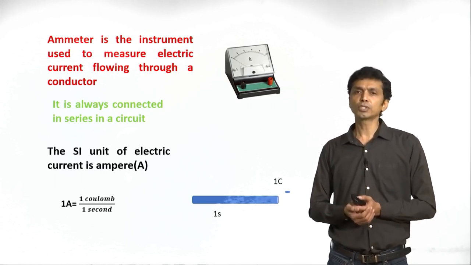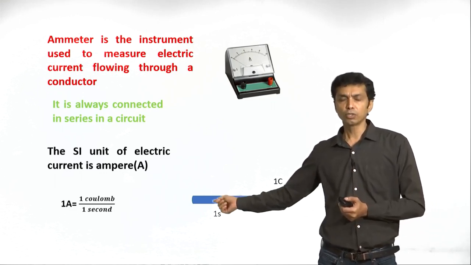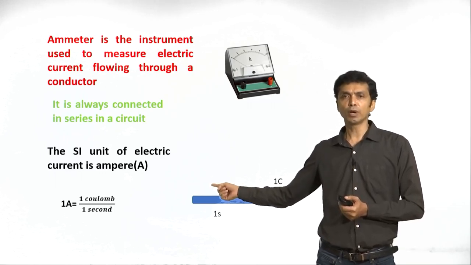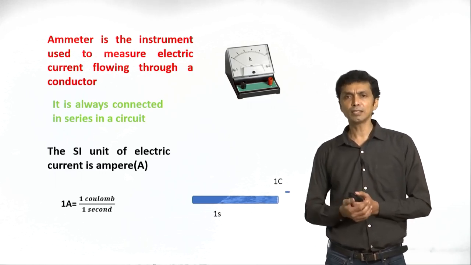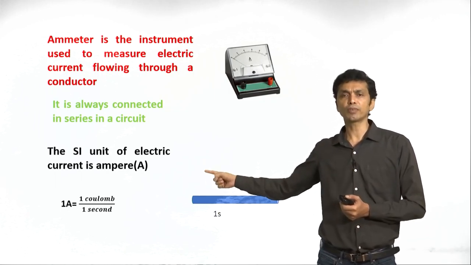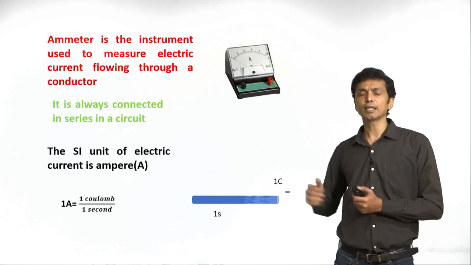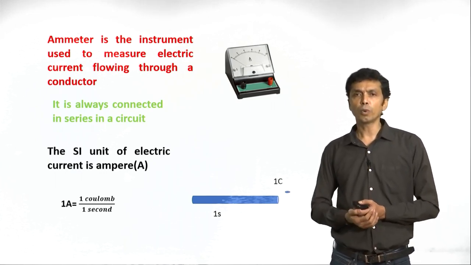The SI unit of electric current is ampere. Current is Q by T, Q is charge, that is coulomb, T is time, that is in seconds. So, 1 coulomb of charge, that means 6 into 10 to the power of 18 electrons, if they pass through the conductor in 1 second, we call it 1 ampere.